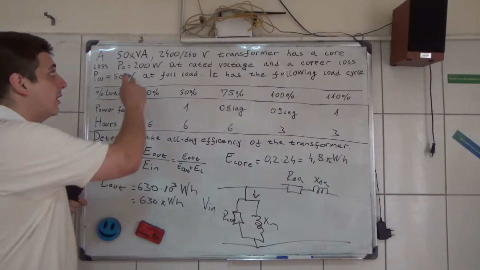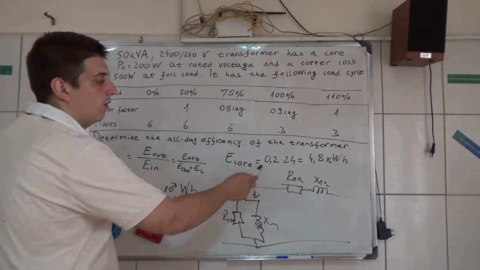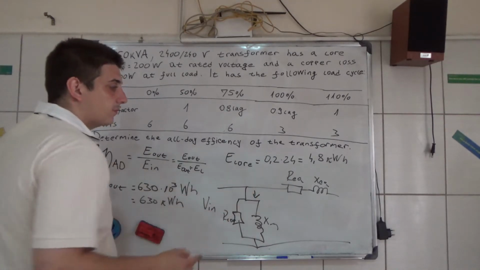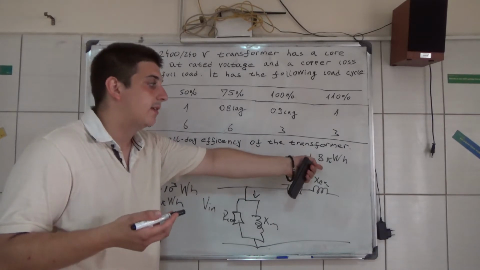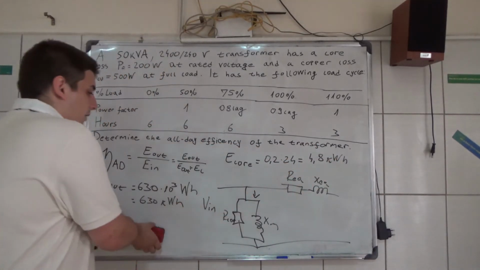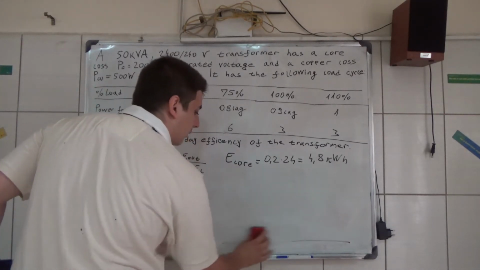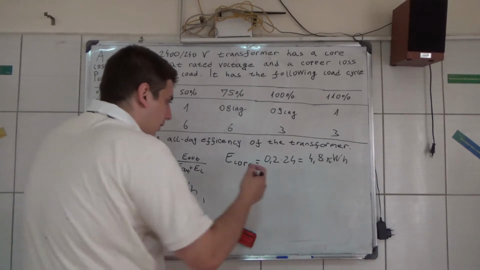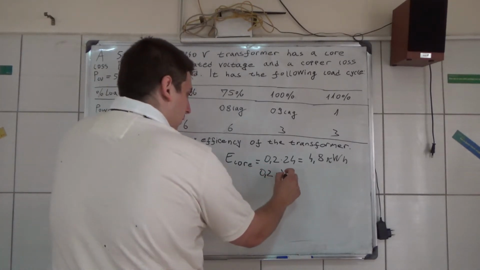So I converted 200 watts into kilowatts, so that is 0.2, times 24 hours, and then you get 4.8 kilowatt hours. I hope you understand what I did over here. 200 watts is 0.2 kilowatts.